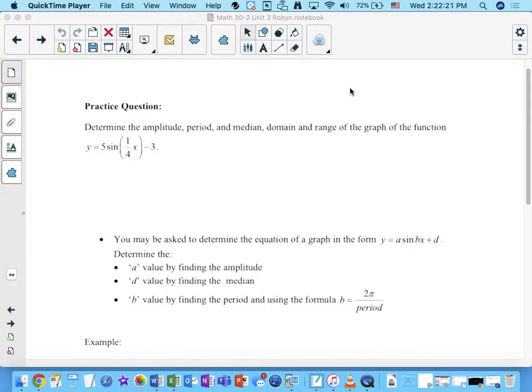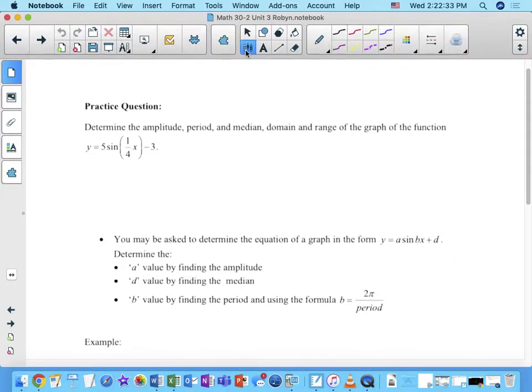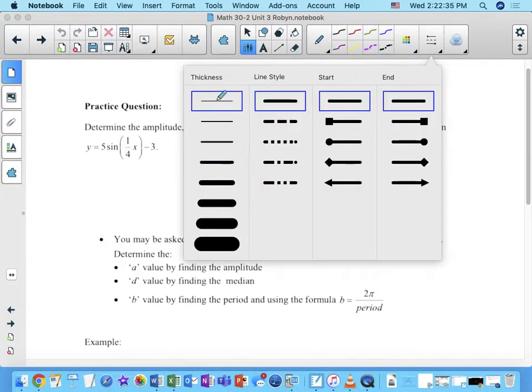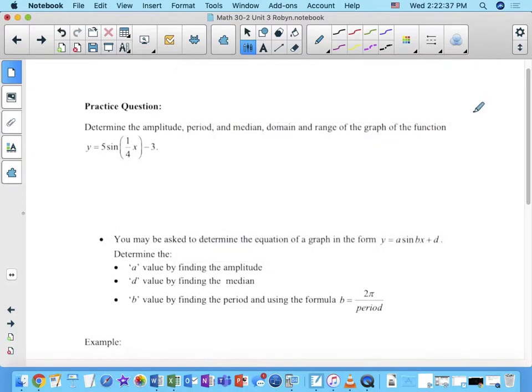So just to recap where we left off yesterday when the world was different. Okay. We had looked at the sinusoidal function that takes this form.